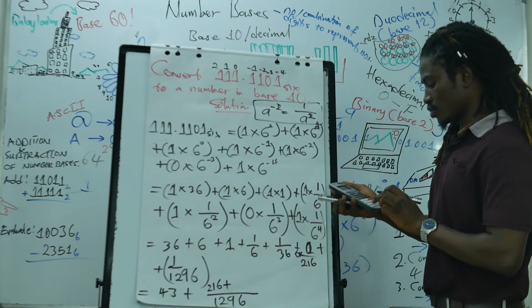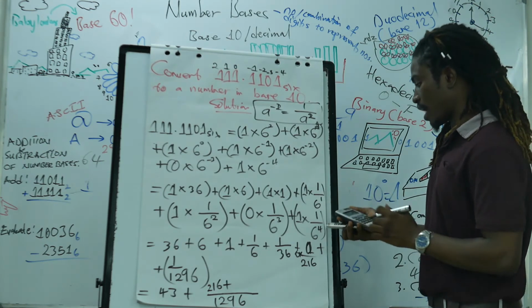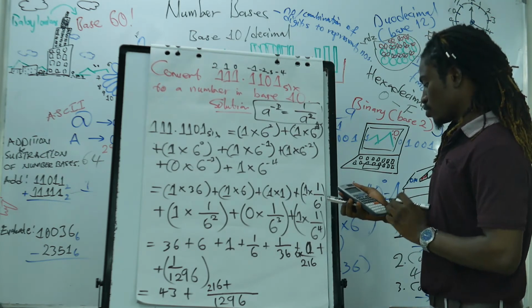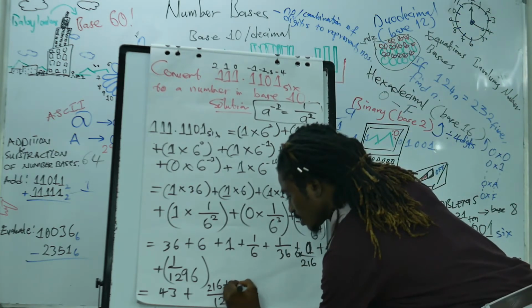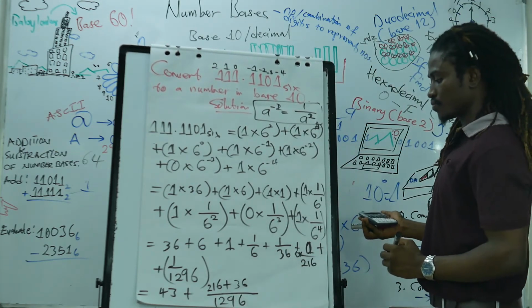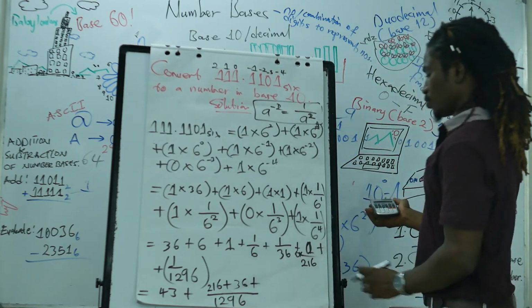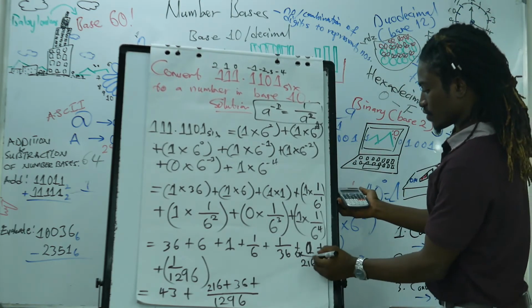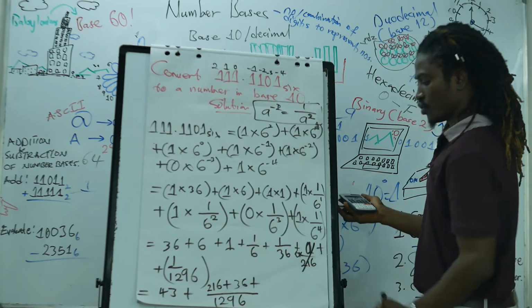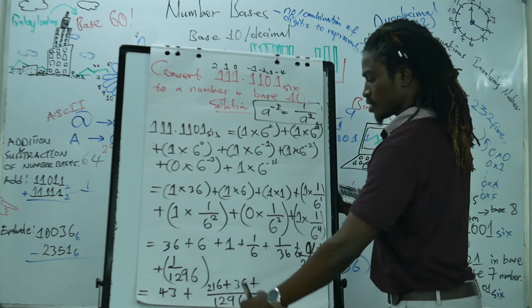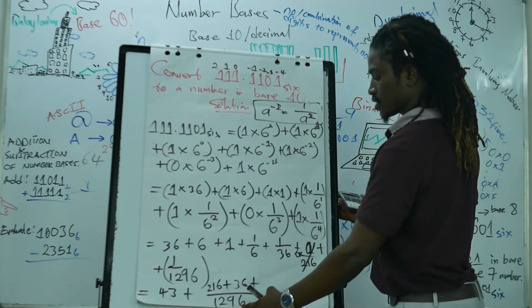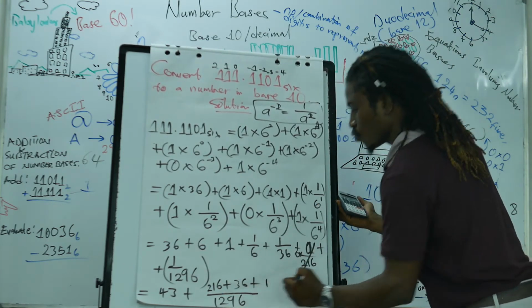We say 1296 divided by 36 is going to be 36, right? So 36 times 1 is going to be 36. Plus, we ignore this value because it's 0. 1296 goes into 1296 1 time, times 1 is just 1.